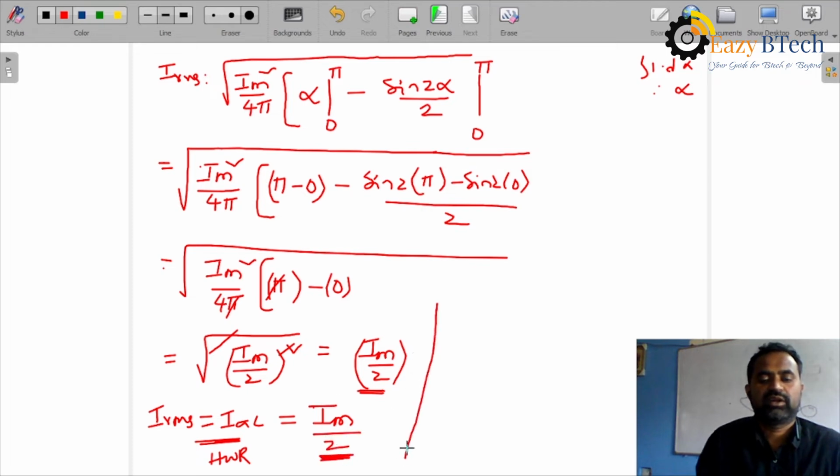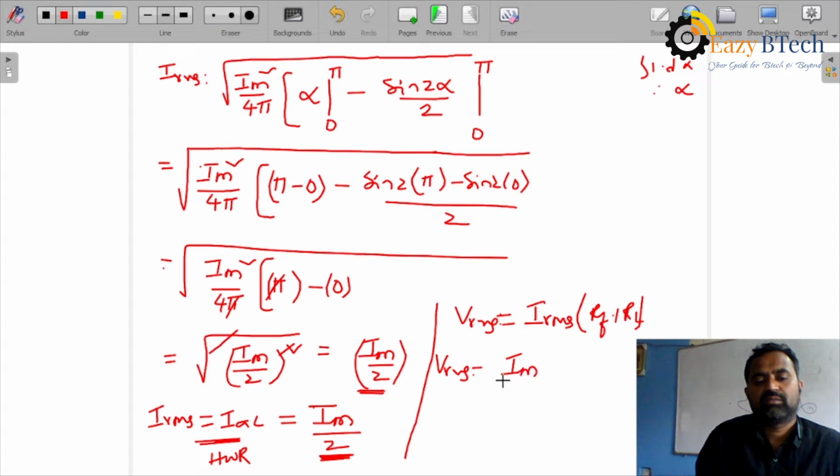Similarly, if you want to write VRMS, that is IRMS into RF plus RL. All right, VRMS is equal to IRMS, Im by 2, into RF plus RL.